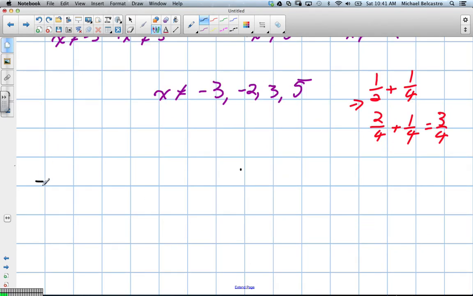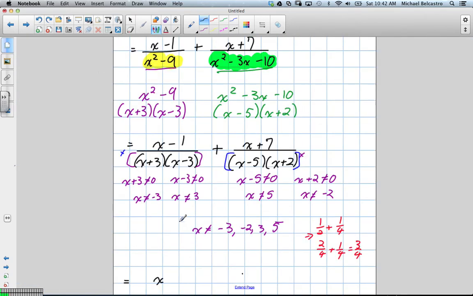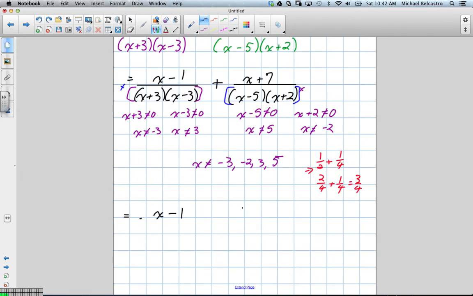Let's write this out. The numerators will stay the same. I guess we should zoom out a little so we can see everything at the same time. I have x minus 1 divided by, and this will be a rather large number, we keep the original x plus 3, x minus 3, and then multiply by x minus 5, x plus 2. Whenever we do the bottom, we have to do the top, so we multiply the numerator by x minus 5, x plus 2 also.